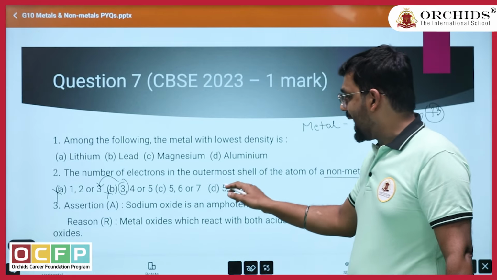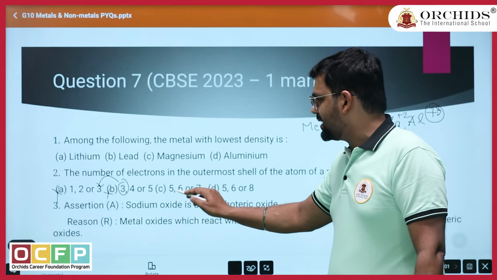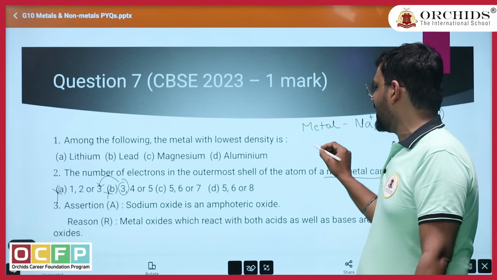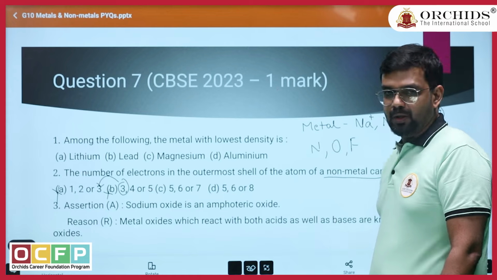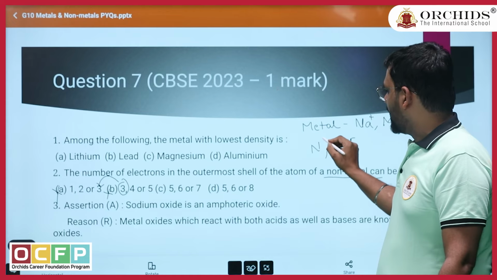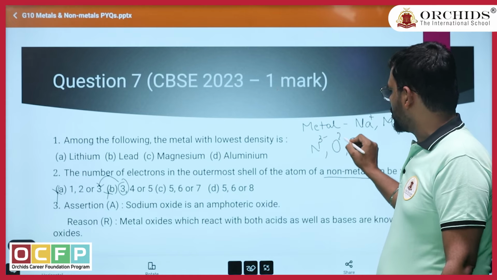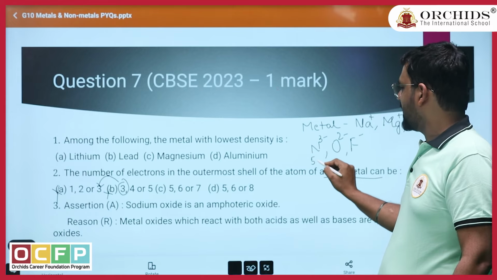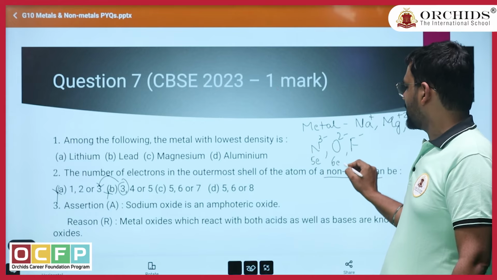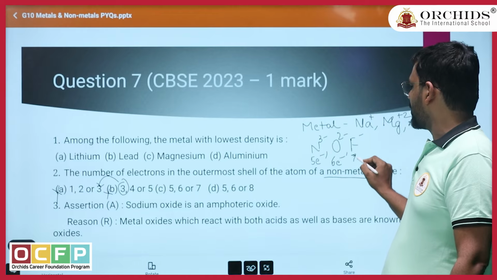Now come to the C part. I can see 5, 6, 7, which can be examples of nitrogen, oxygen and fluorine. They have valencies of 3 minus, 2 minus and 1 minus. That means they have 5 electrons in their outermost shell, this has 6 electrons and this has 7 electrons.